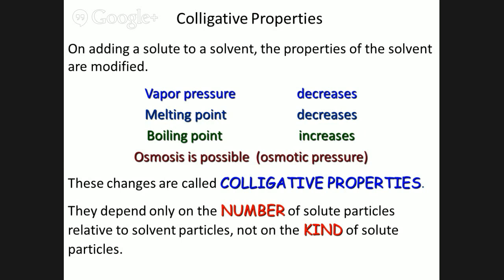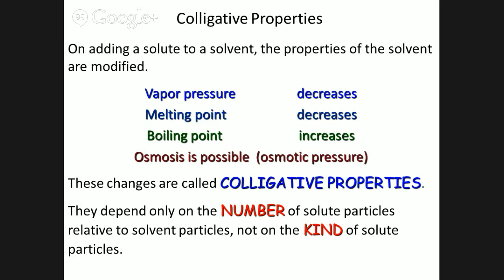An everyday example that you might have seen on TV, even in the recent past, is adding salt to a road so that it doesn't ice up as quickly. By adding the salt, it lowers the freezing point, and so the streets don't ice over as easily.